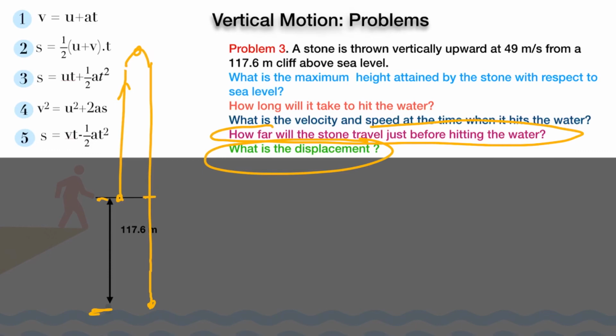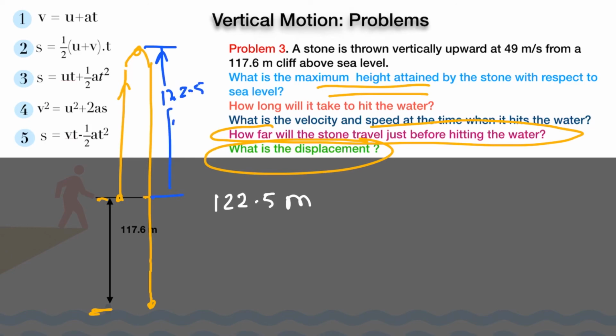So let's find out the total distance traveled by the stone. In our first part, we found the maximum height attained by the stone. That height which we calculated was 122.5 meter, and that was from here to here.